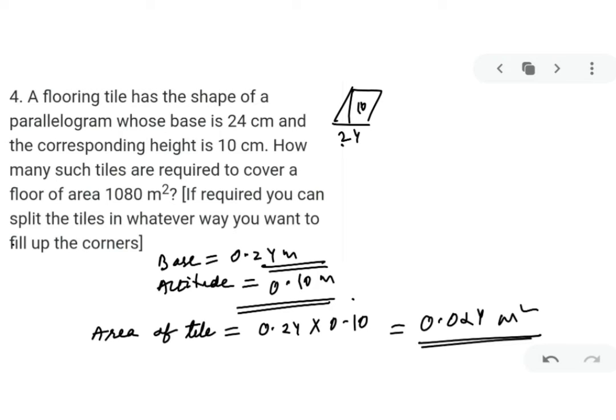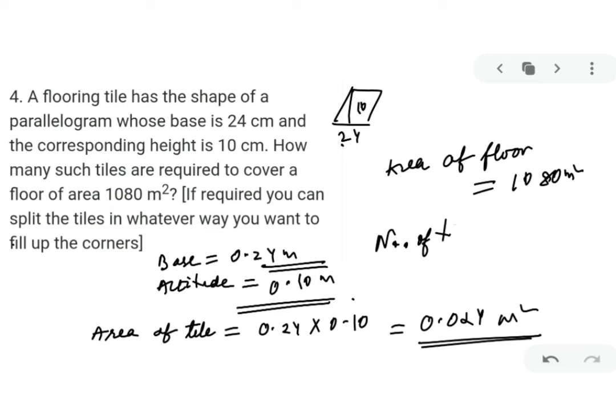So you got the area of one tile, and now you have the area of the floor with you. Area of floor is what? Area of floor is 1080 meters square. So two areas are given to you. The bigger area you have to divide by the smaller area to get the number of tiles. So what is the number of tiles?